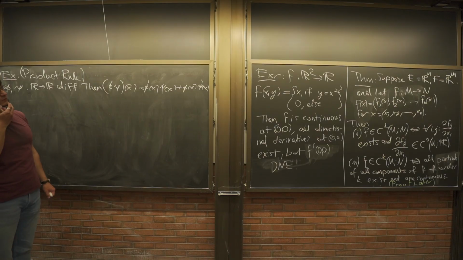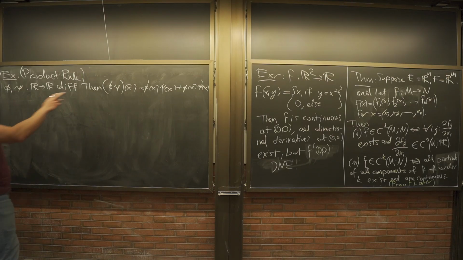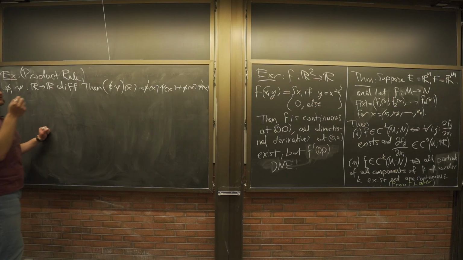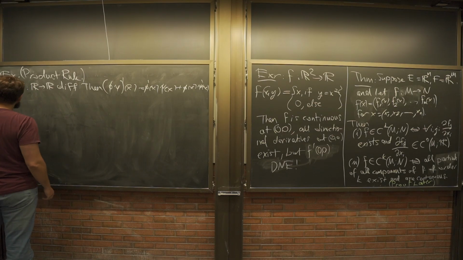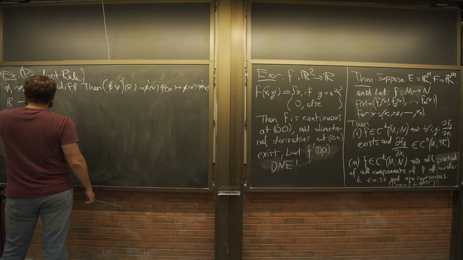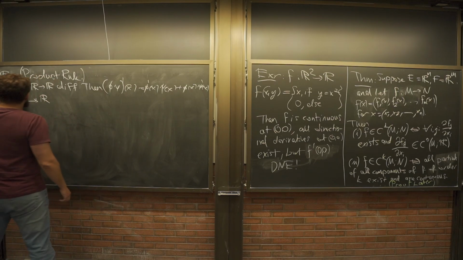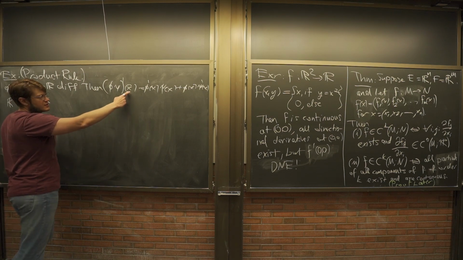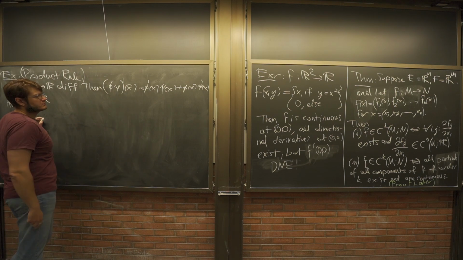Right. OK, so we were trying to recover this using multivariable. What I told you was, I'm going to try to think of this as a composition of two functions. The first function takes one input, one scalar, and gives me back two numbers.